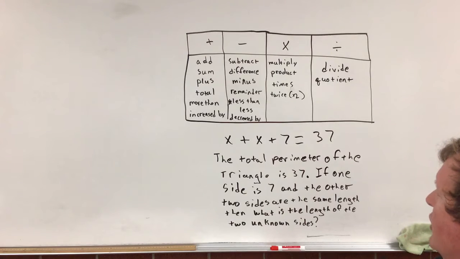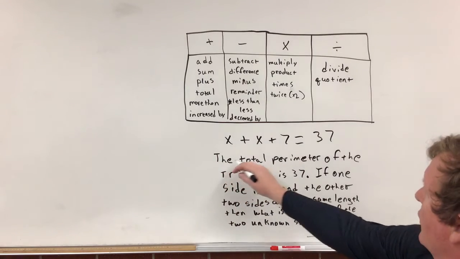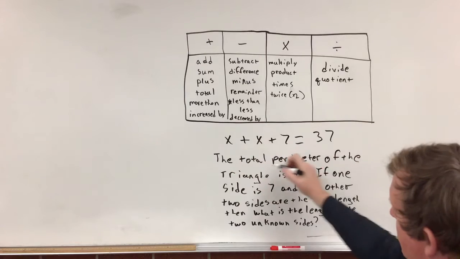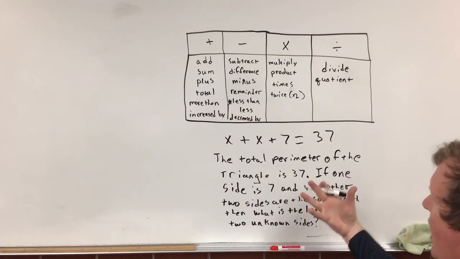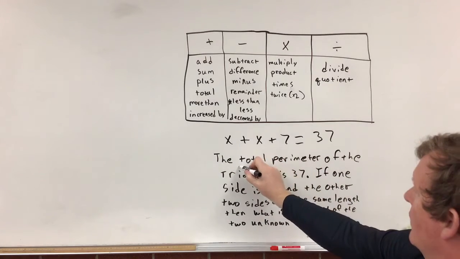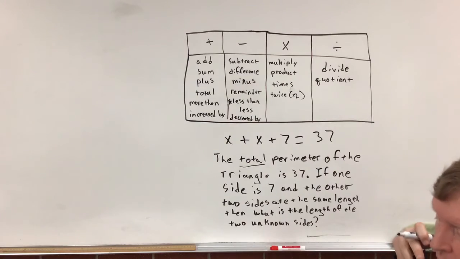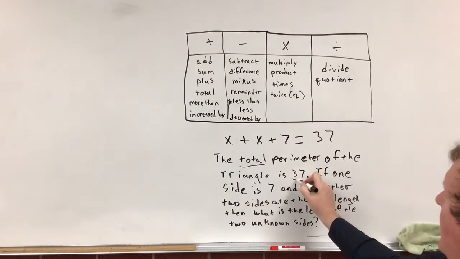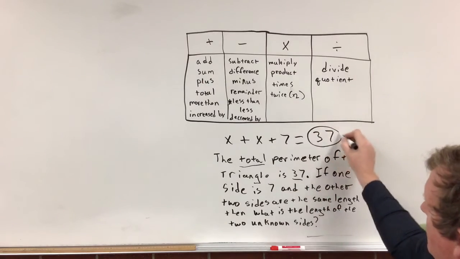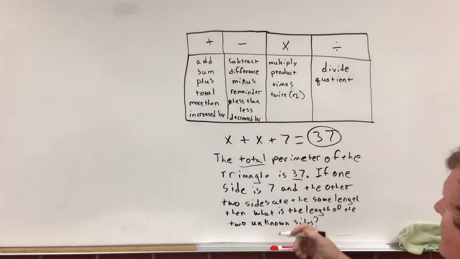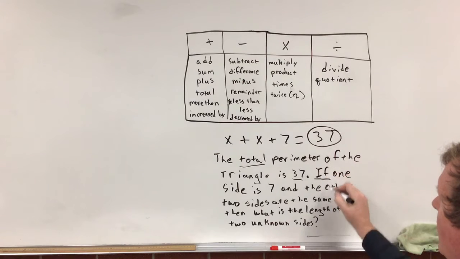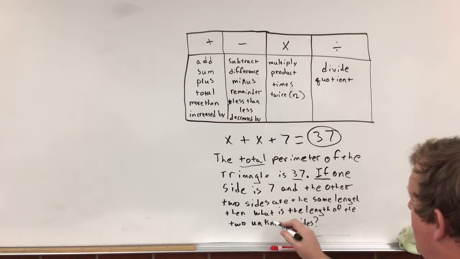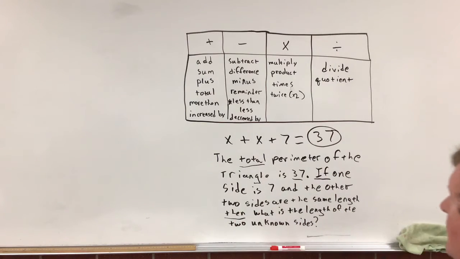There's some things that you can do. First, we make a statement. This first sentence is a statement. It's a statement of what we know the total is. Okay? So the total perimeter of this shape is, and then we say what it is. Then I go on to do what I call an if-then statement.